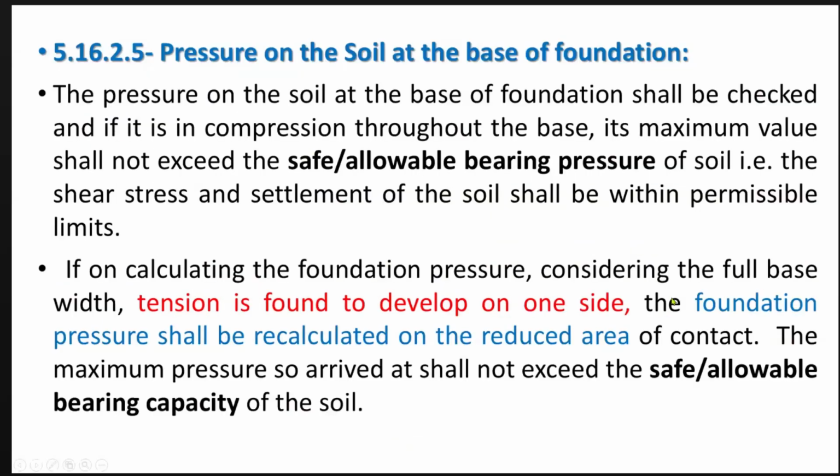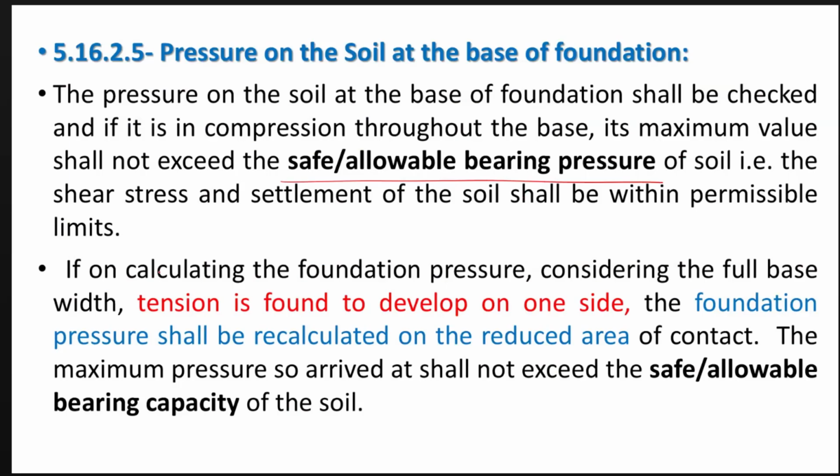The same things we can calculate for the SBC of the foundation. We have to check not only the material property, we have to check the SBC of the structure. So in that case we have to check at the bottom of the founding level.